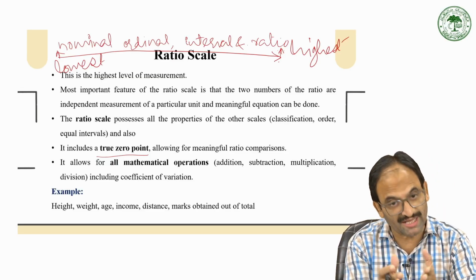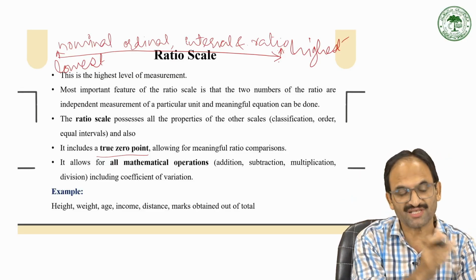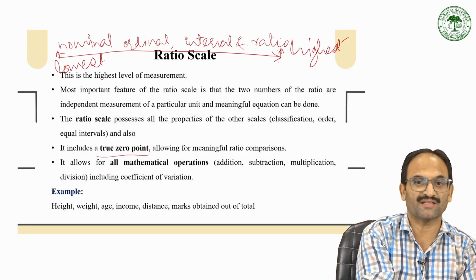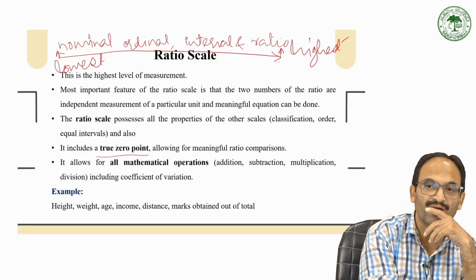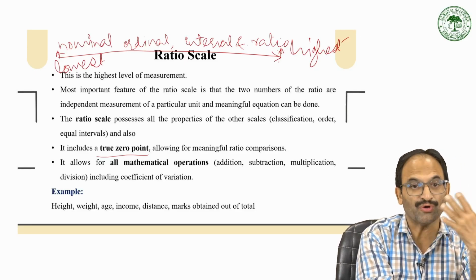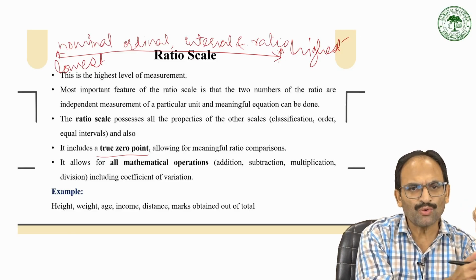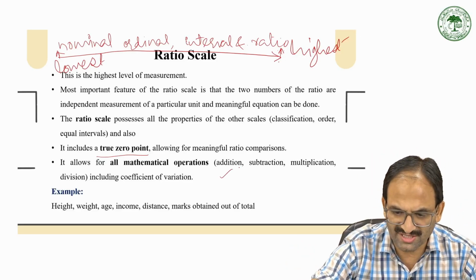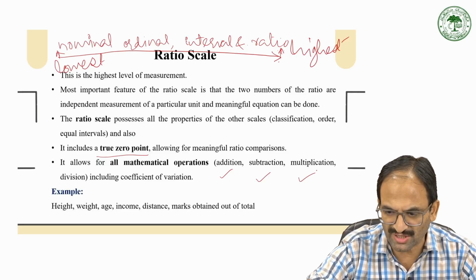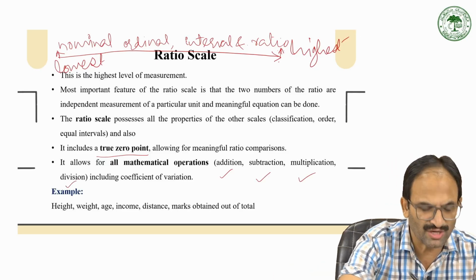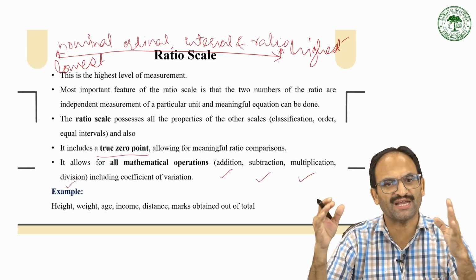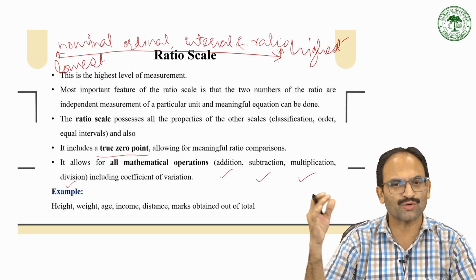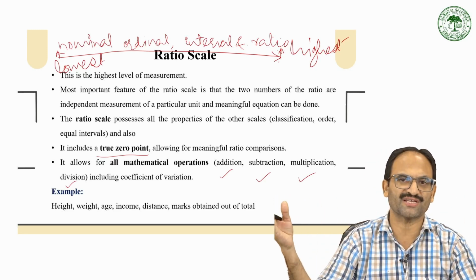This is not there so far as the previous three scales are concerned. It allows for all mathematical operations. You can go for addition, subtraction, multiplication, and division whenever needed. And it includes coefficient of variation also.